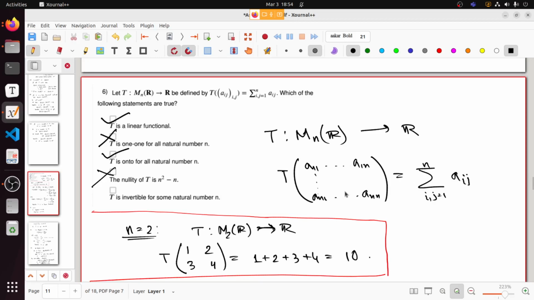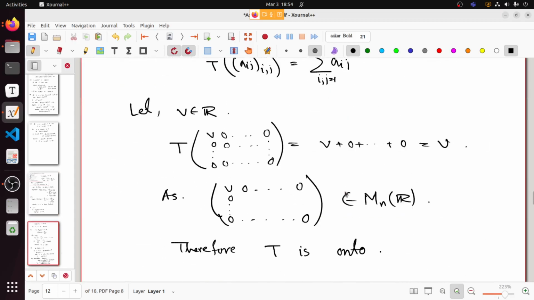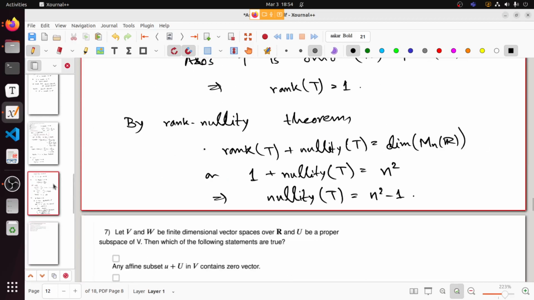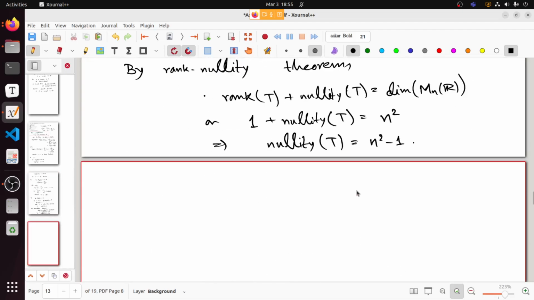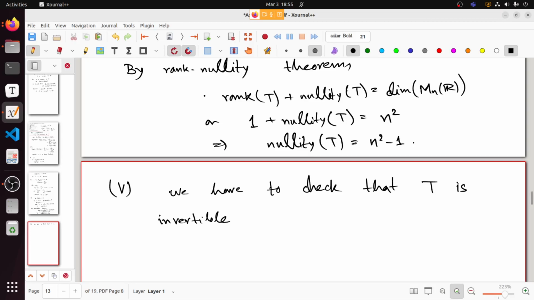Now it's saying that T is invertible for some natural number n or not. So let's move on to option number 5, right? We have to check whether T is invertible for some n.